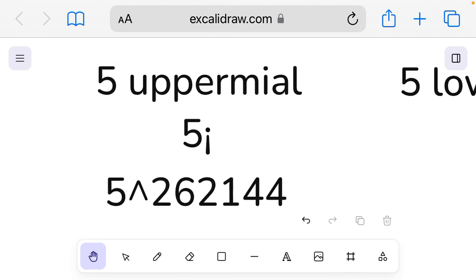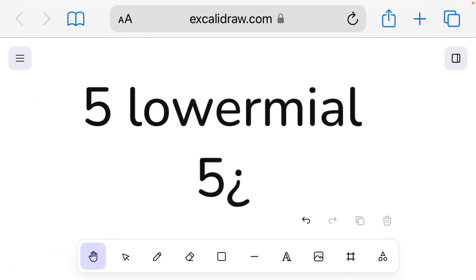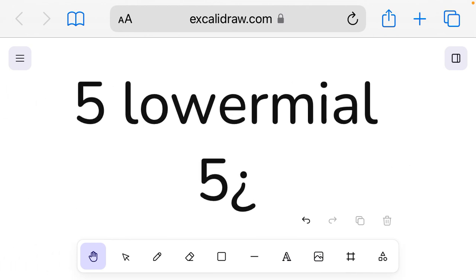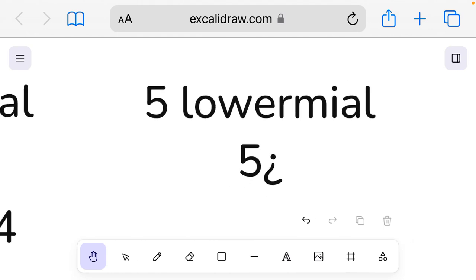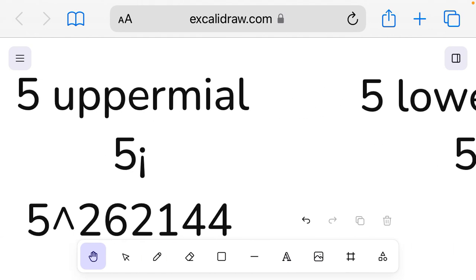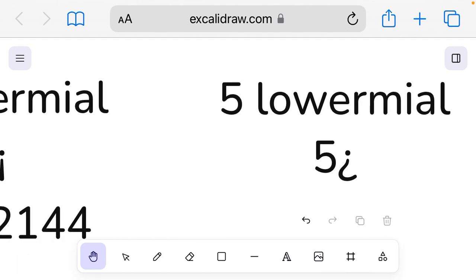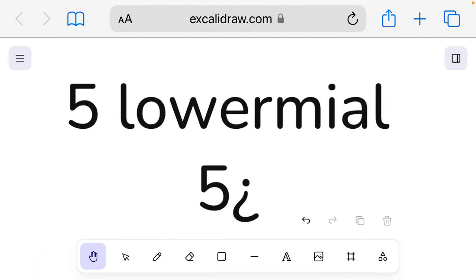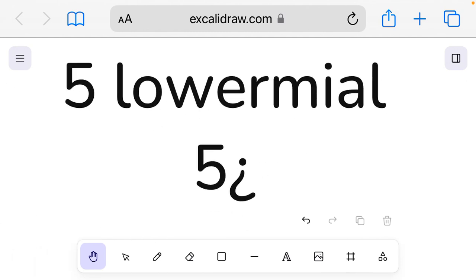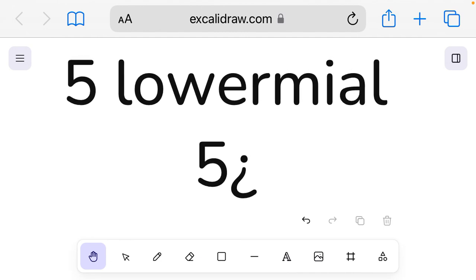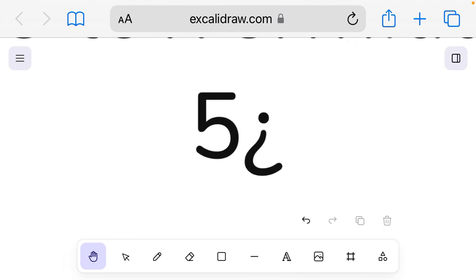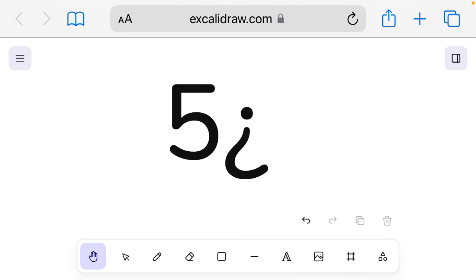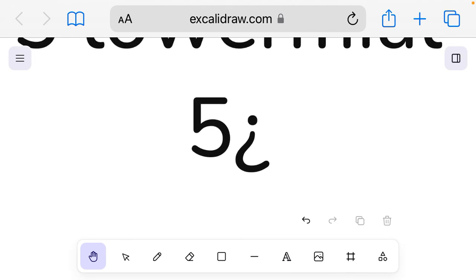But nonetheless, I have another one which is called 5 lowerial. The lower comes from the opposite of upper, which I changed to the opposite to align with the opposites. But we need to explain what it is. So 5 lowerial is like this, 5 with an upside down question mark.